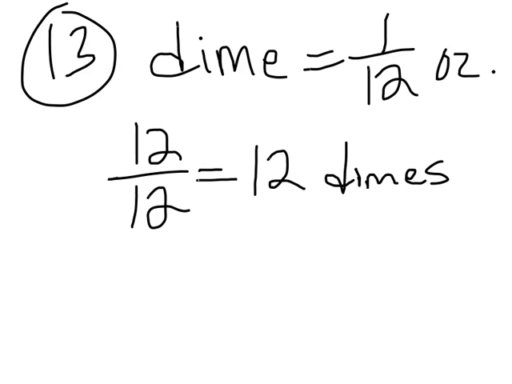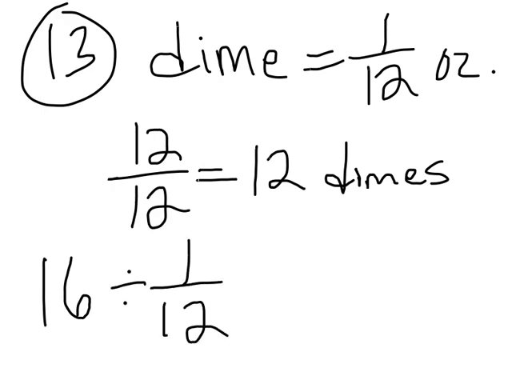Okay. So, let's think of a solution. If we have 16 ounces, and we are going to divide those into 12ths, because 1 dime equals a 12th, we need to figure out how many dimes we have.